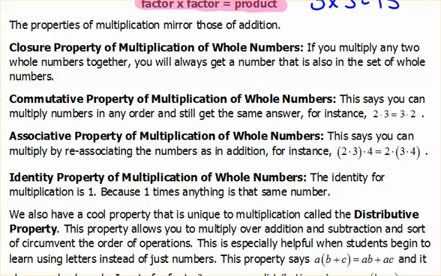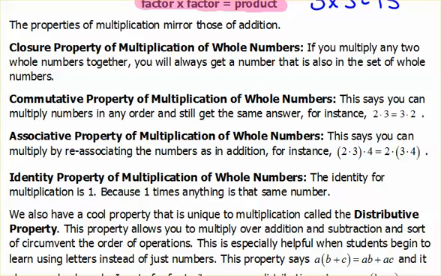So, since addition is closed as an operation, then multiplication must also be closed, because multiplication is just repeated addition. And if you'll remember, when we talked about closure for addition, that meant that we could add any two numbers we wanted to within the whole number set, and we would end up with a number that's also in the whole number set.